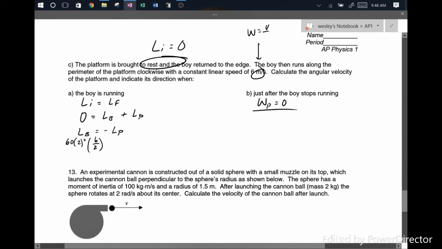Omega is equal to V over R. And that's going to equal negative rotational inertia for the platform, 80, times omega for the platform. So the omega for the platform comes out to be negative 9 radians per second. That negative sign just means that the platform spins counterclockwise.